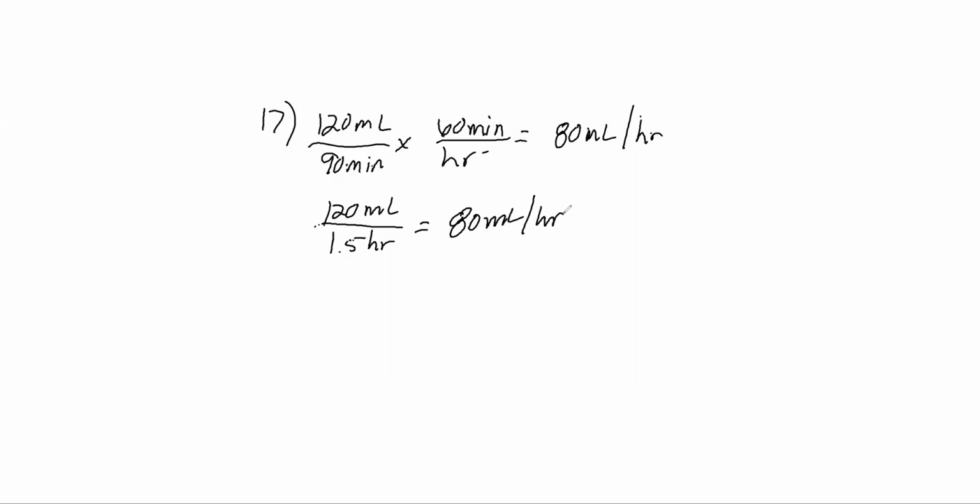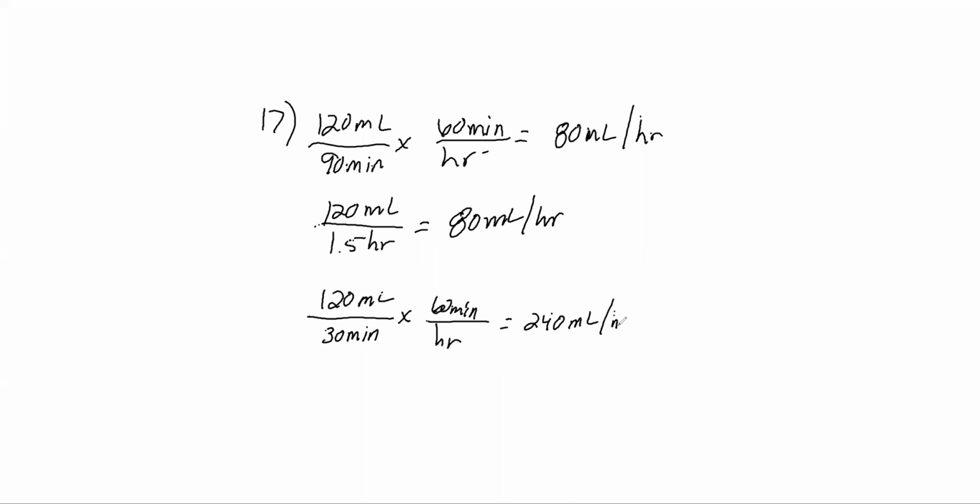The other thing I always like to add is, sometimes you might get something like 120 milliliters in 30 minutes, and it's going to ask for the flow rate in milliliters per hour. You could still do this, or you can reason through it: if you give 120 in 30 minutes, in an hour you would have given 240 mL.